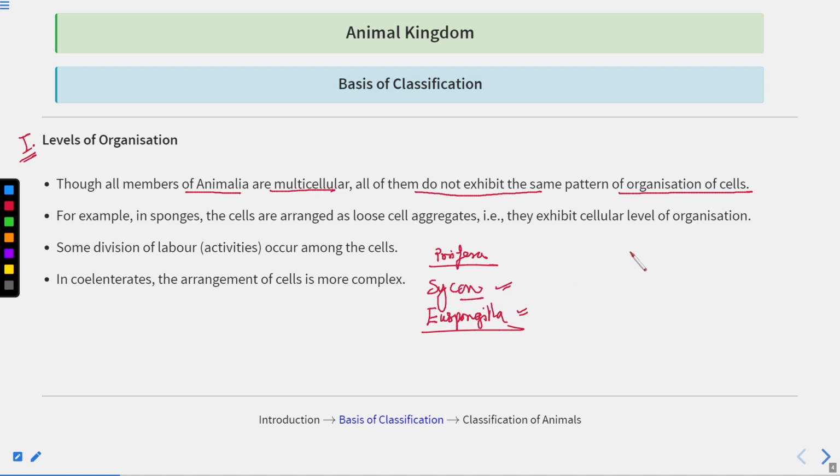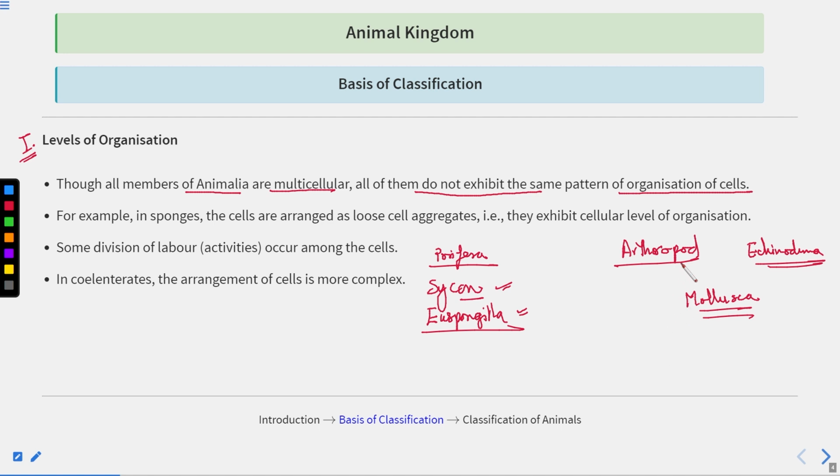Now here you can talk about Arthropoda, or you can talk about Echinodermata, you can talk about Mollusca, right?